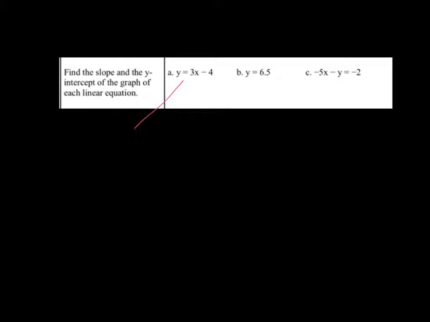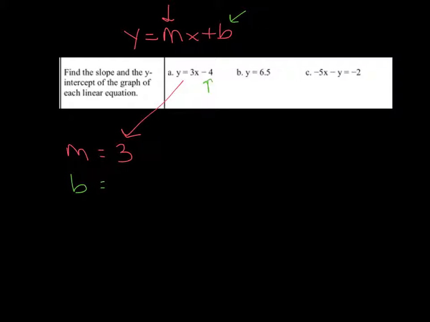So we know that in A, our slope is equal to 3 because it's already in the form y equals mx plus b, and I know my slope is the number in front of x. I can also identify b, which is my y-intercept, because that's the number being added or subtracted. So in this case, my y-intercept would be -4. That's when it's already written in slope-intercept form.